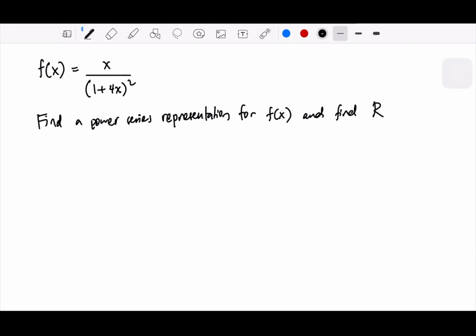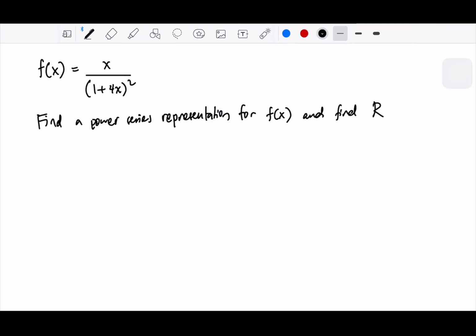So we start with, if we know how we can find a function from this particular form, we remember we can set up maybe differentiation or maybe integration, but perhaps because it has a square, we can start with differentiation.